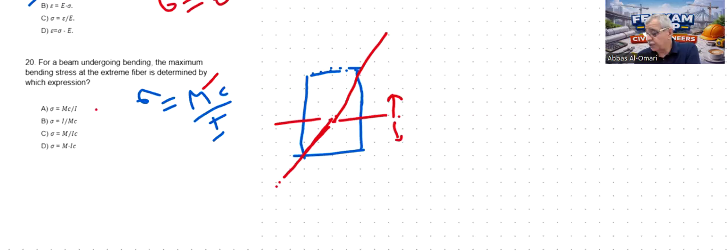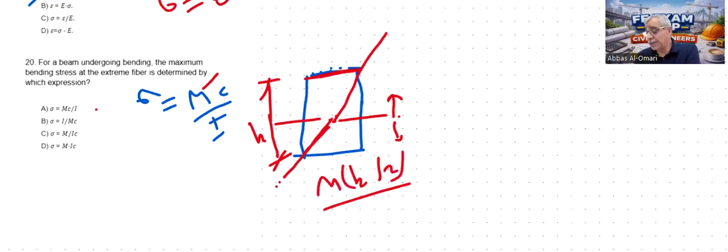If this is H, the depth of the cross section, the maximum stress is M times C, where C is H over 2, divided by I, which happens here.